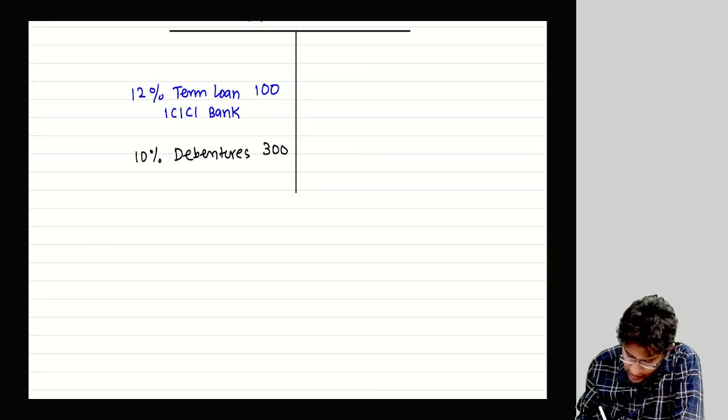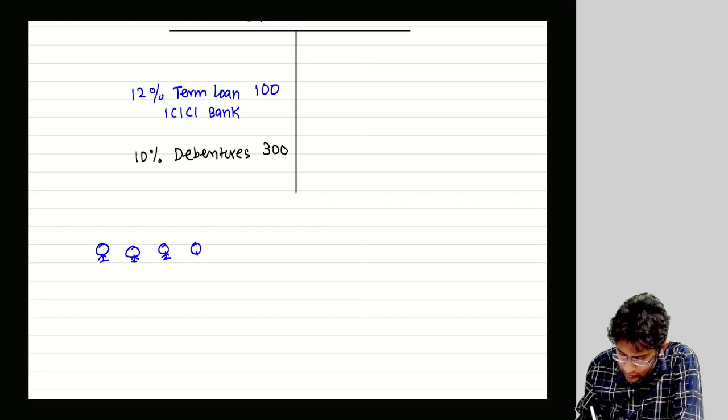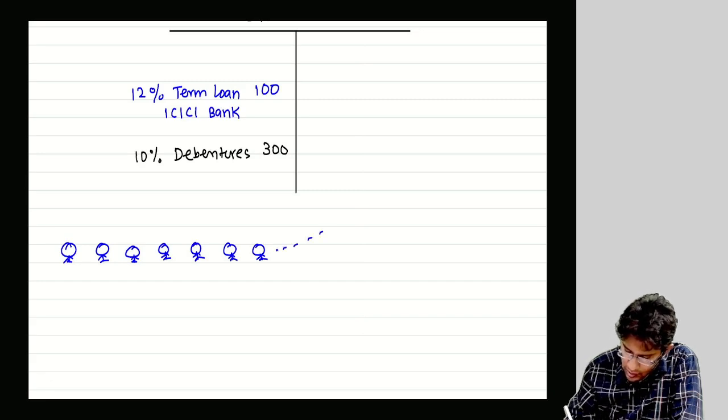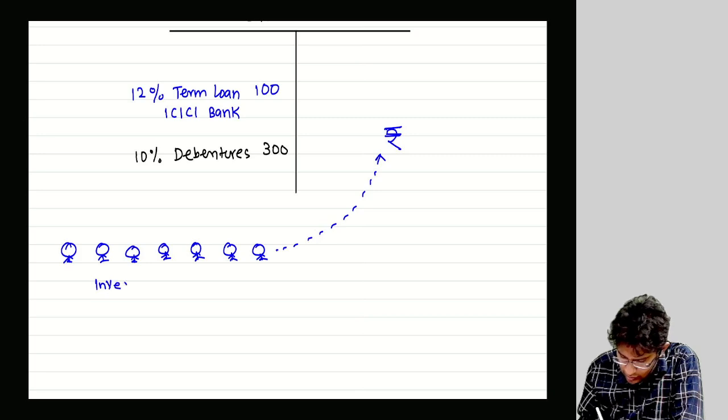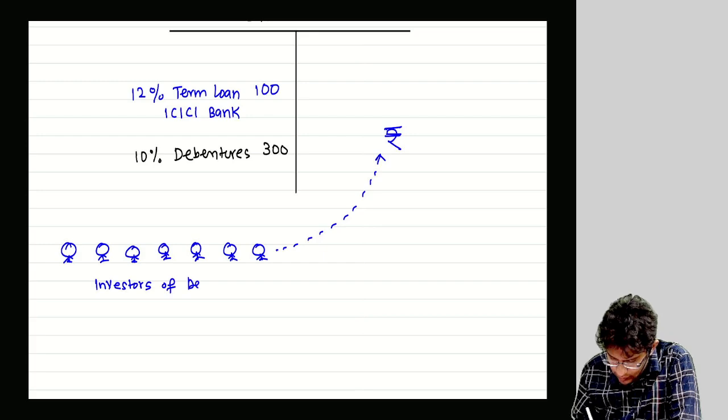These people are investors who want to earn some interest income from the company. So they supplied money to the company, and the company gave them debentures. These are investors of debentures or bonds.